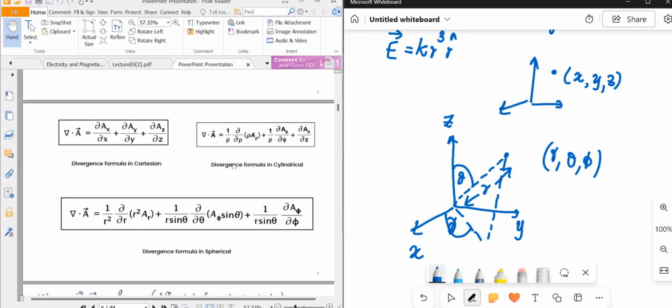But when we change the coordinate system, the divergence formula is going to change. Now we need to use the divergence formula in the spherical coordinate system. In the spherical coordinate system, we have a little bit long equation: 1 over r squared, del over del r of r squared A r. So A r is the component of r. Then we have A theta and A psi, the components of theta and psi.